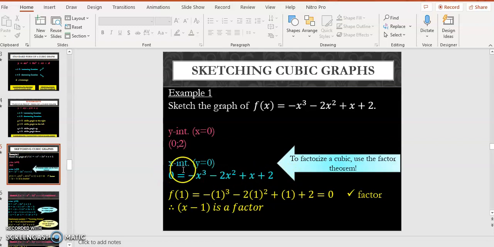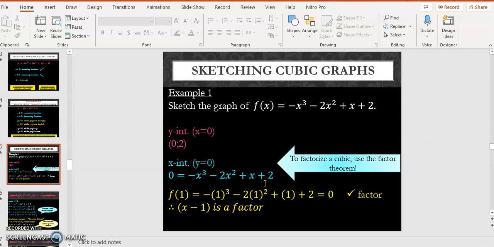Then for the x-intercept, y is supposed to be 0. So you substitute y to be 0. We are going to have this function. Then we need a value of x. So you look for a value that can be a factor.